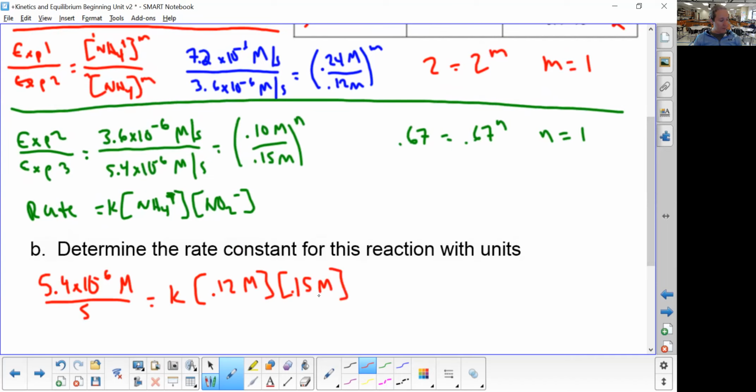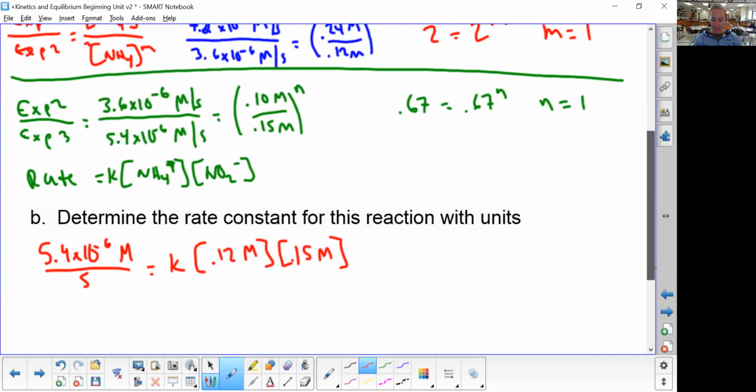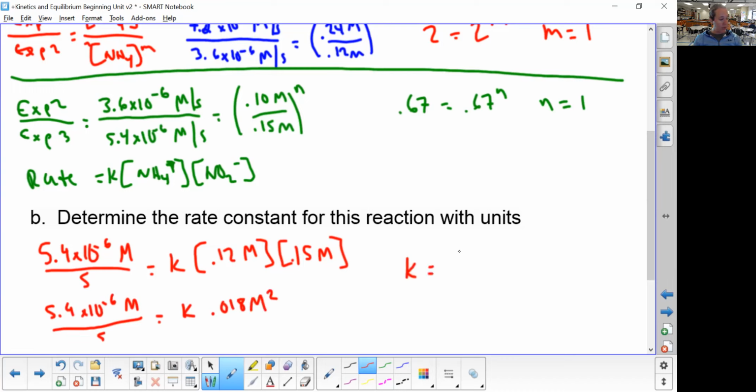So unit-wise here, you're going to get 5.4 times 10 to the negative 6 molarity per second is equal to K. And then when you multiply these two, you're going to get 0.018 molarity squared. And so K is then going to be the 5.4 times 10 to the negative 6 molarity per second over the 0.018 molarity squared.